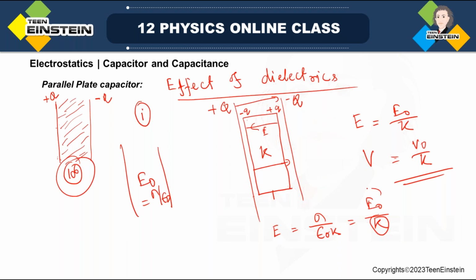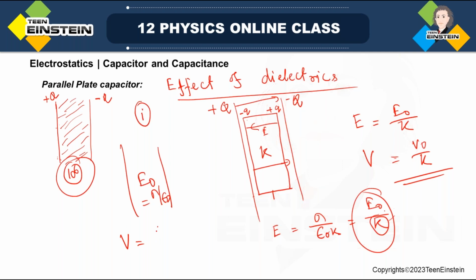All right, so we have seen how the electric field is getting modified, that is E0 by K. Since K is greater than 1, this is a loss of electric field; the effective electric field is less than the previous electric field. When the effective electric field is known, the effective potential also will be known.